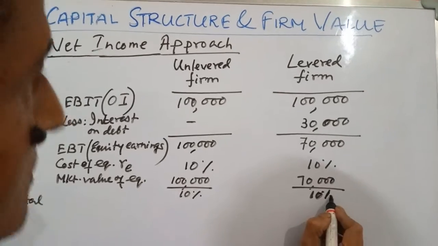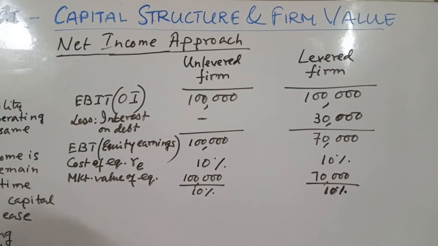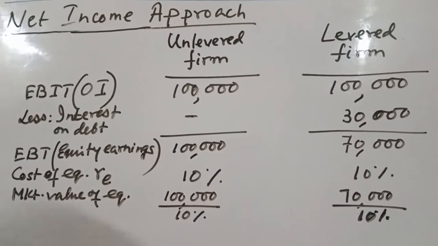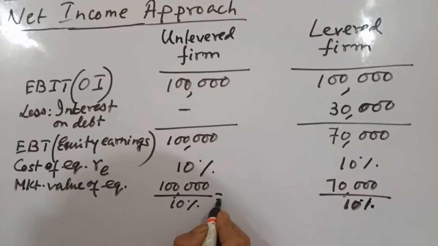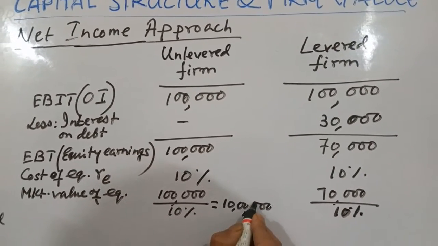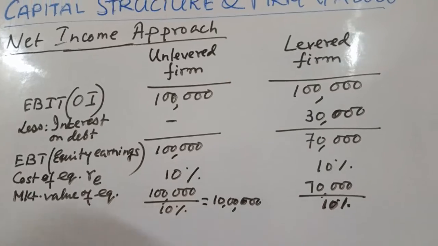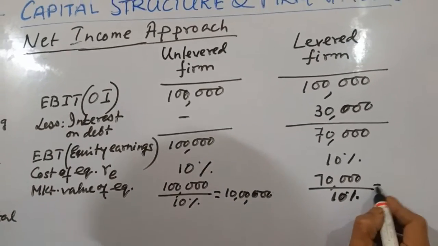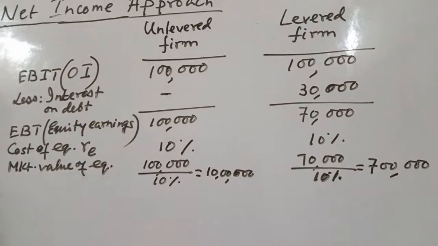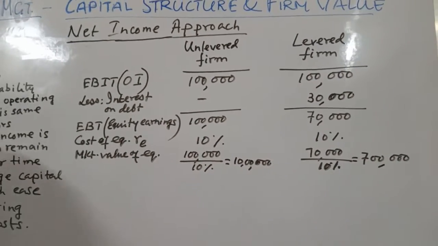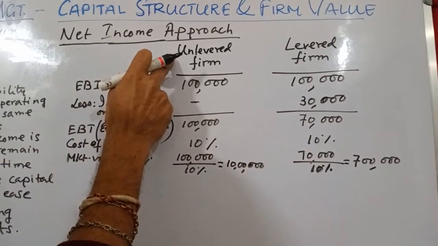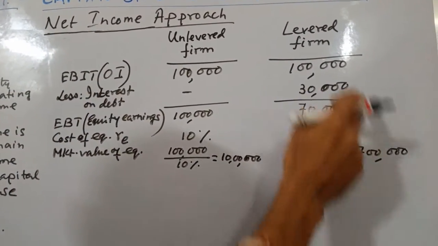Market value of equity is equal to equity earnings divided by cost of equity. So this comes to 10 lakh and this is 7 lakh. Okay, market value of equity is 1,000,000 for the unlevered firm and 700,000 for the levered firm.